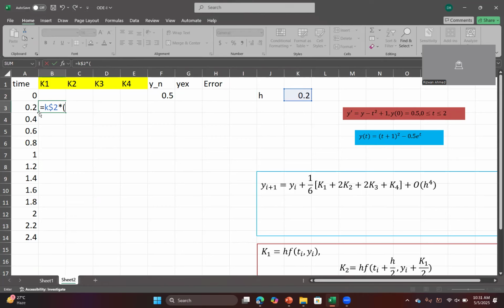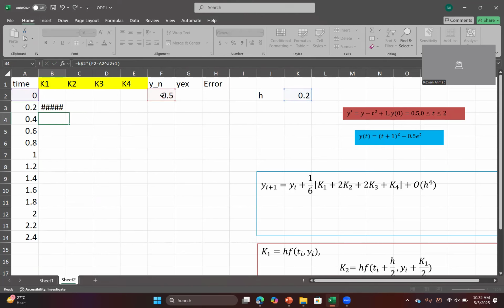If I am at the i plus 1 point, then it should come from ti. So the y value is the old value of y, minus t squared, where this is the t value, squared, and plus 1.